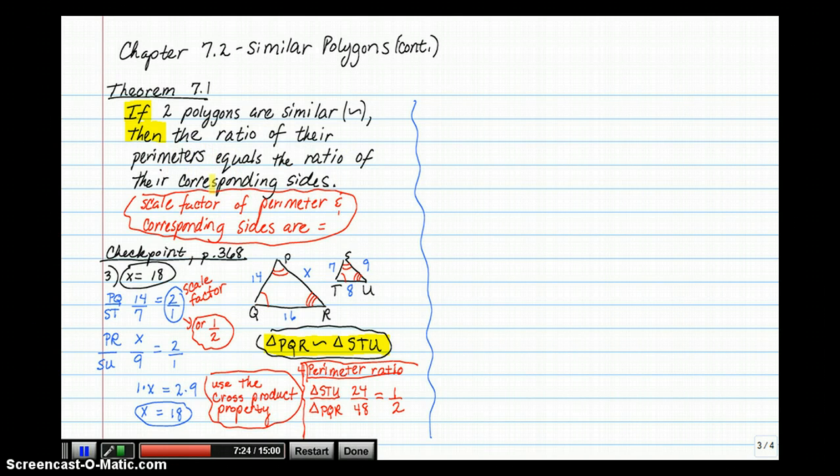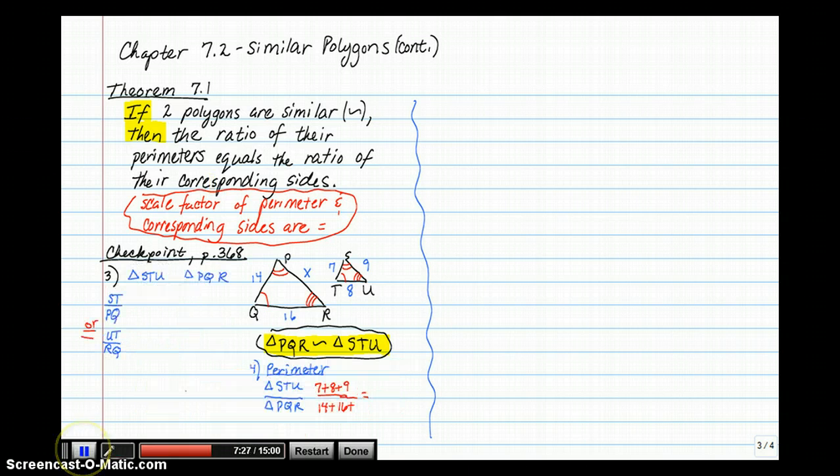Number 3 says x equals, okay, so we have triangle STU and triangle PQR. That's the scale factor they're looking at. If you look at number 4, it says find the ratio of the perimeter of triangle STU to triangle PQR. So we're going to look at STU first and compare it to PQR.